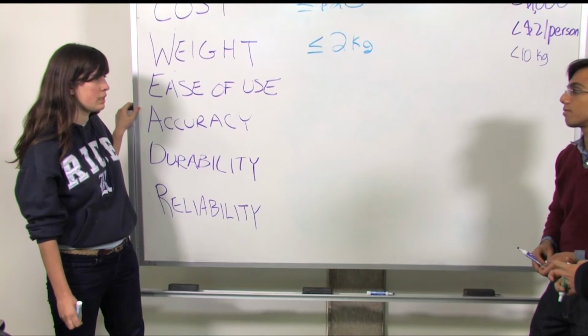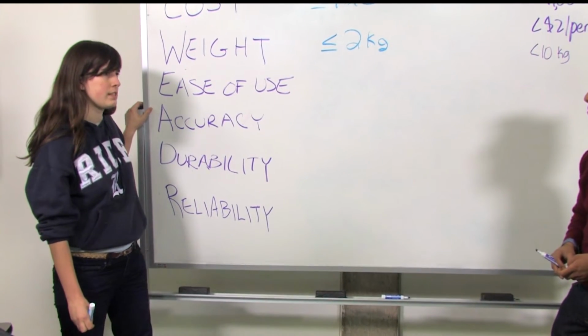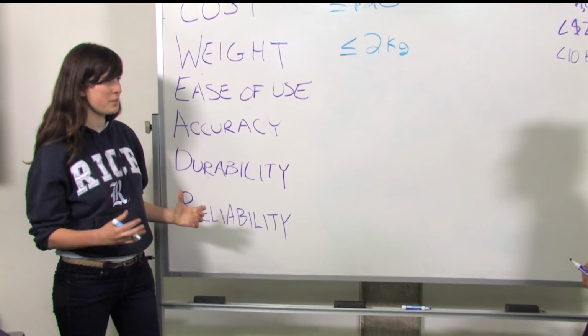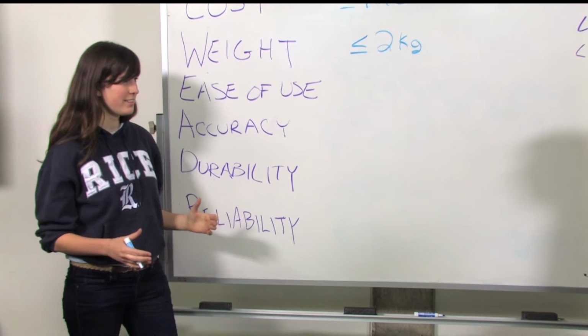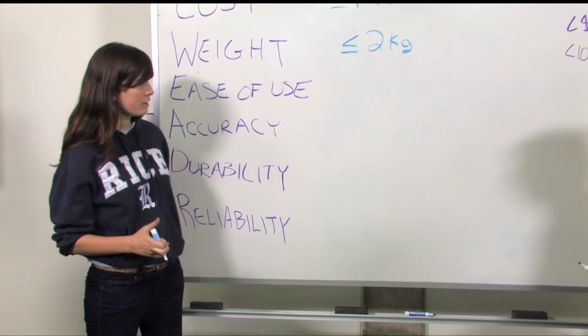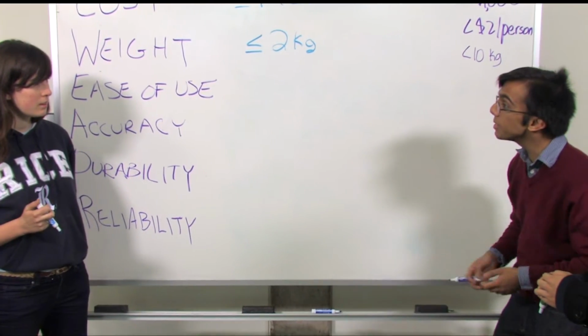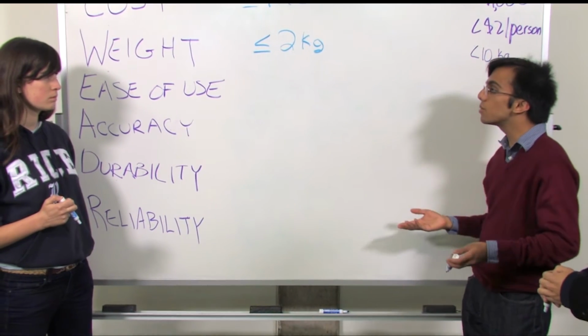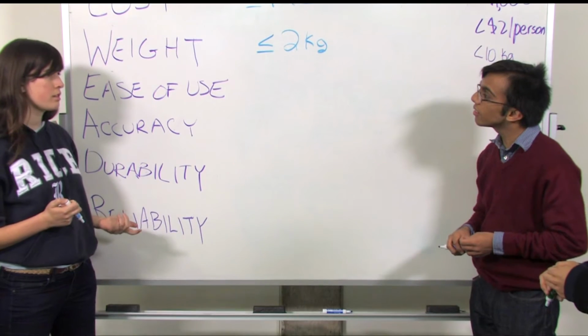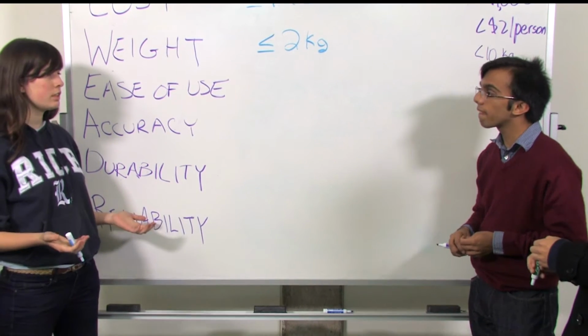Okay. Ease of use. This is how easy it is for somebody to use the device. How do you quantify that? I guess we could look at the amount of time or the number of steps it takes to set up the device. We have to consider the educational level of the end users.